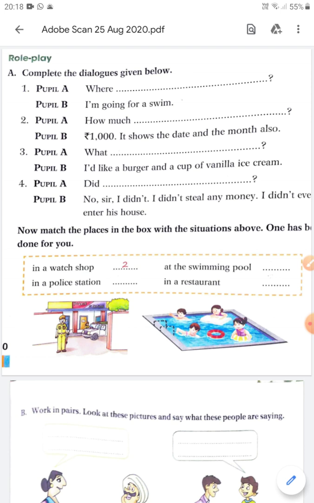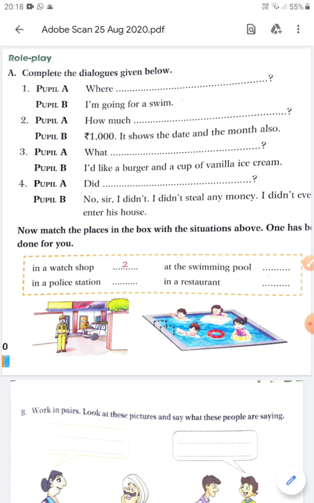Now, this is learning to write the dialogues or speak the dialogues or how to converse with someone. Pupil B saying, I would like a burger and a cup of vanilla ice cream. When do you speak such a sentence? When somebody asks you, what would you like to have?